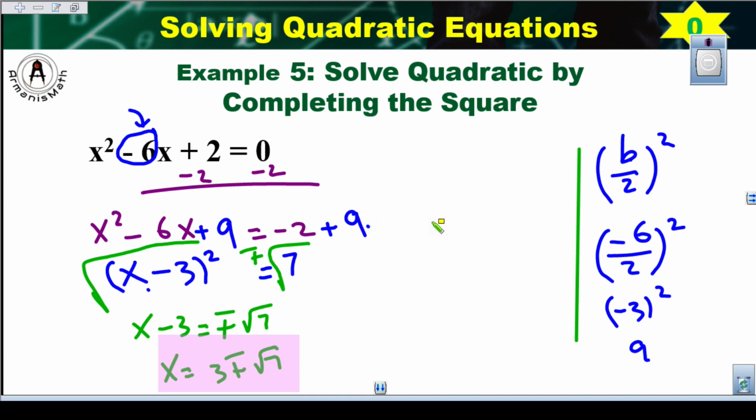And once you do that, you're going to find yourself looking at a perfect square here of this item being squared, and you follow the sign in the middle, by the way. Whatever is squaring this side gives you the binomial that you're squaring. And then you take the square root of both sides.